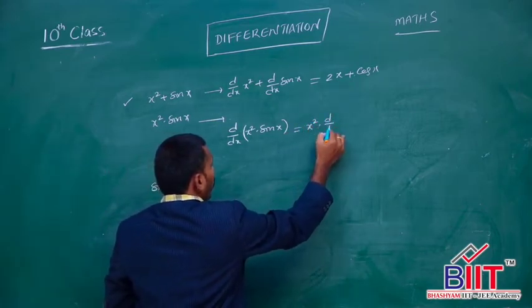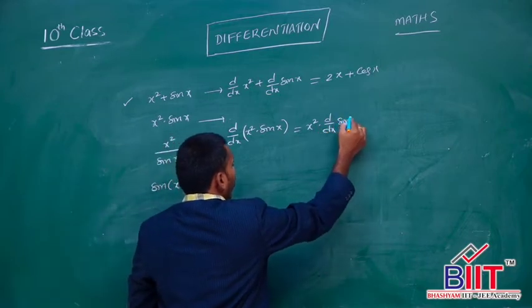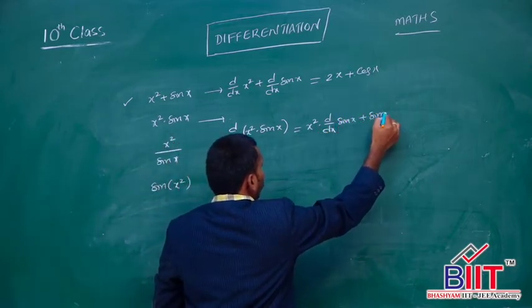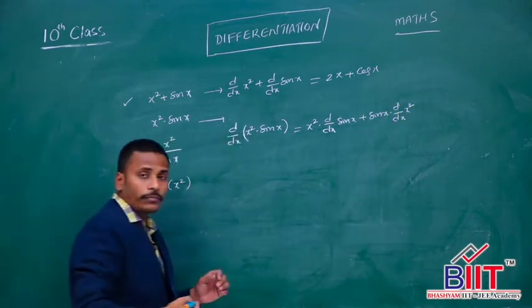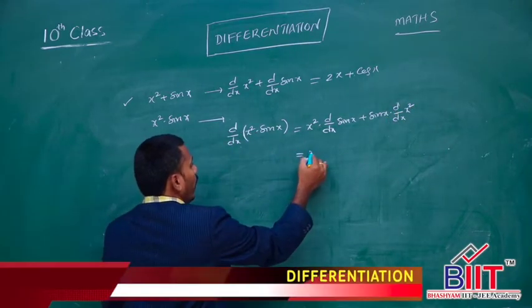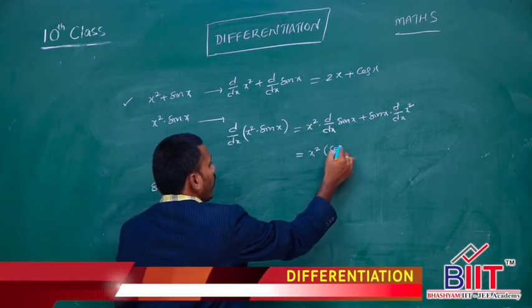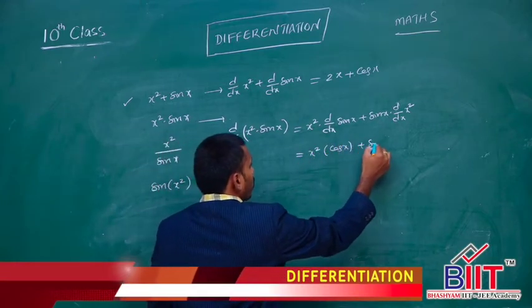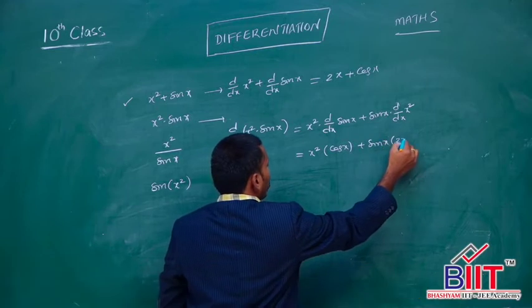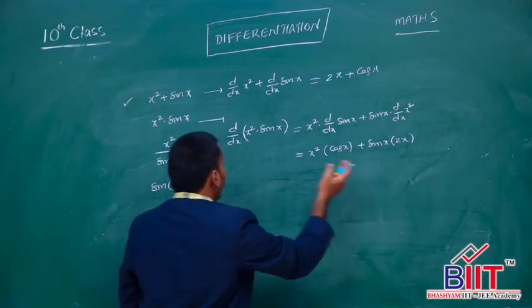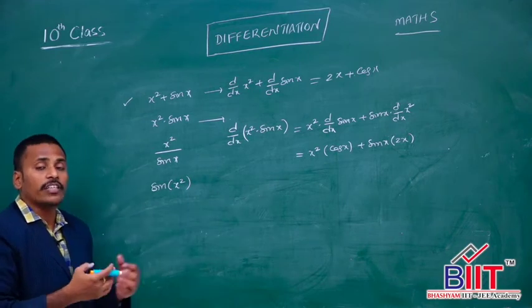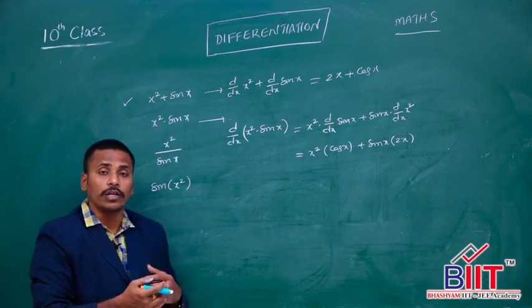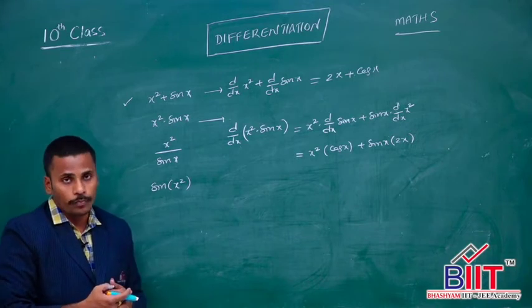So x square into d by dx of sin x plus sin x into d by dx of x square. This equals x square into cos x plus sin x into 2x, and this is the derivative of the product x square into sin x. We can extend this product rule to more than two functions also, right?